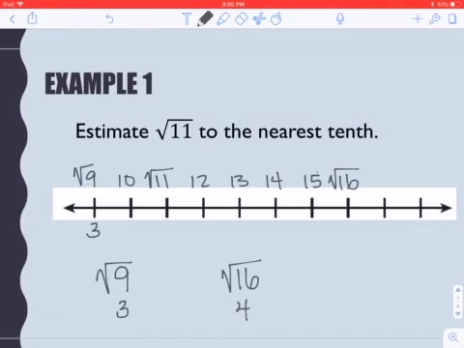So down here I'm going to put the whole number. Halfway in between would have been right here. So this is 3.5. So in between the 3 and the 3.5 is the square root of 11. So let's see, this would be 10, 11, 12. I'm going to call it about 3.3. That's my estimation.